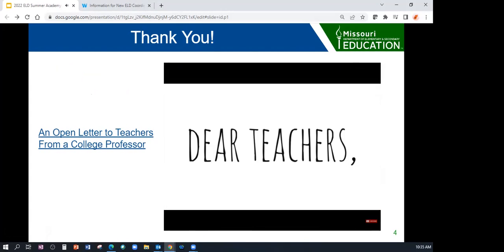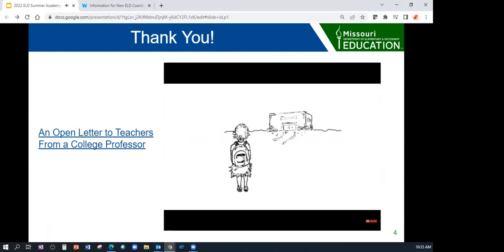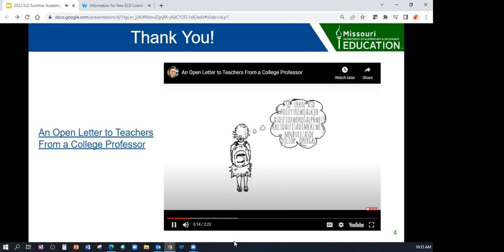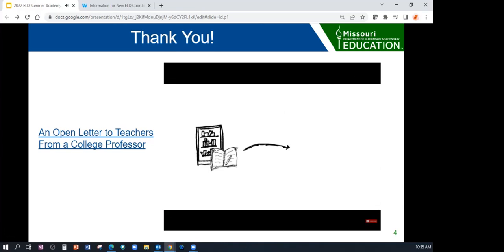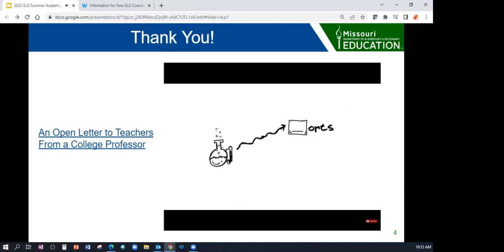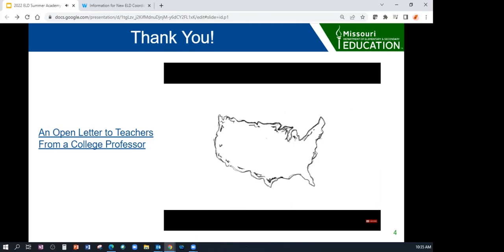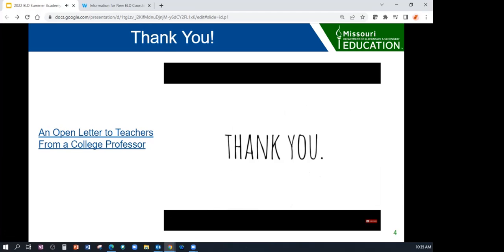Dear teachers, recently my daughter started kindergarten. She came in knowing some letters, but that was about it. And now she's putting together entire words. She views language as a playground and reading as a chance to explore another world. I don't completely understand the science of phonics and blending and sight words, but you do. And miraculously, millions of kids learn to read every day. So, thank you.